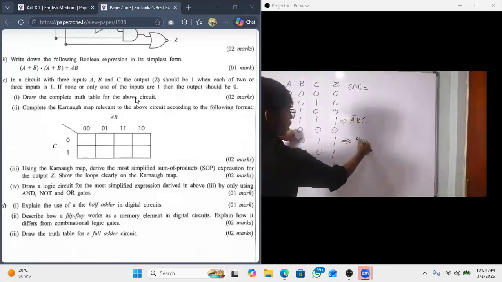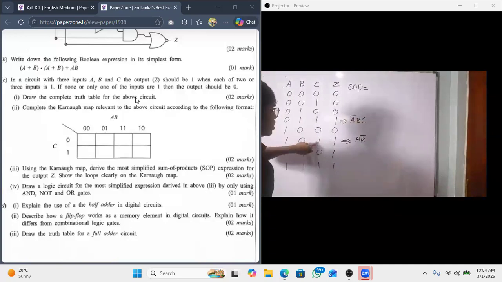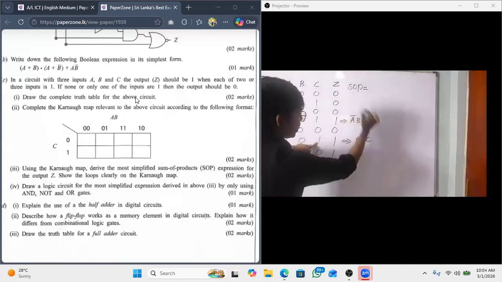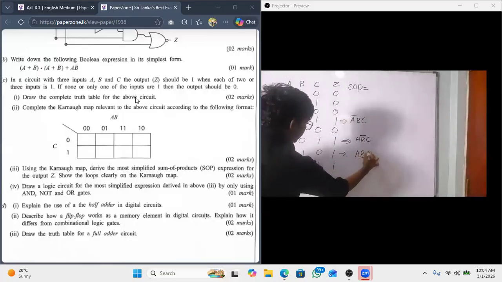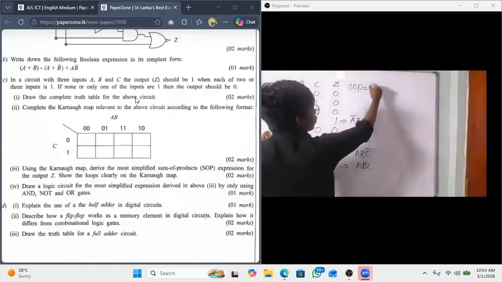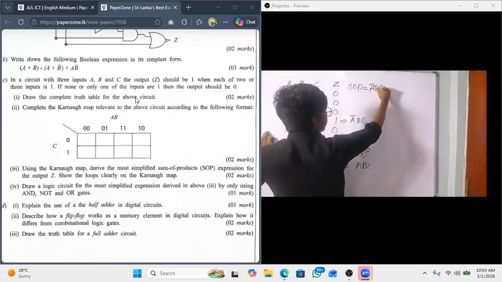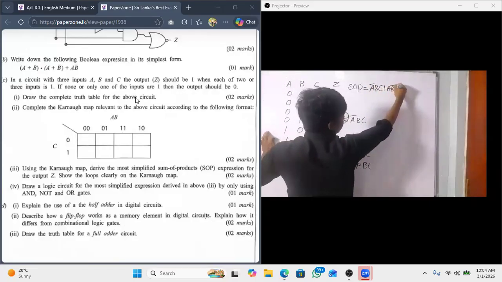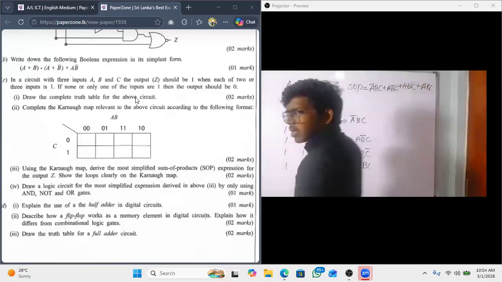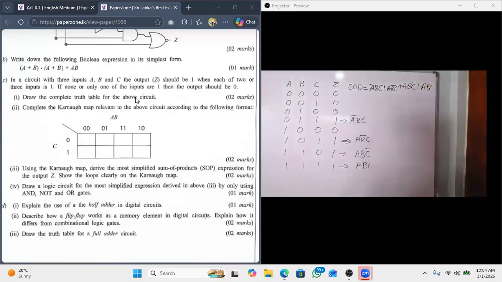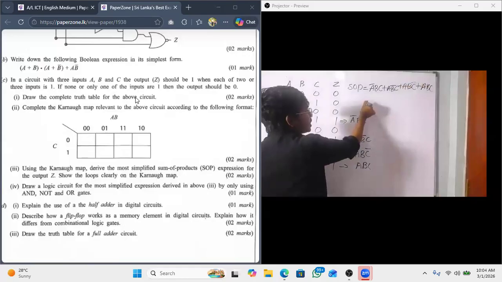B is 0, so it's with a bar. C is 1, so it should be without a bar: A B bar C. Here, A, B, C bar. Here all A, B, C. So my SOP should be A bar B C plus A B bar C plus A B C bar plus A B C. Is this correct? Right.